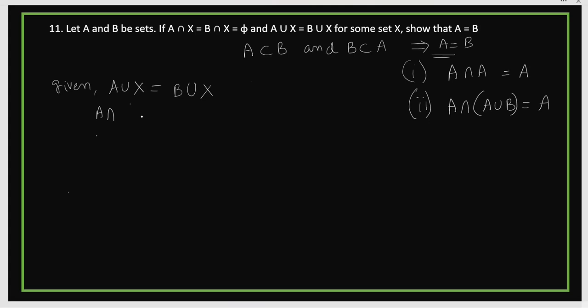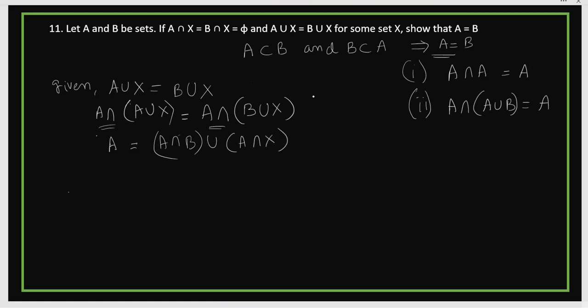So A intersection A union X equals A intersection B union X. The left side, A intersection A union X, is nothing but A. Expanding the right side, distributing, we get A intersection B union A intersection X. What is A intersection X? It is the null set, right?